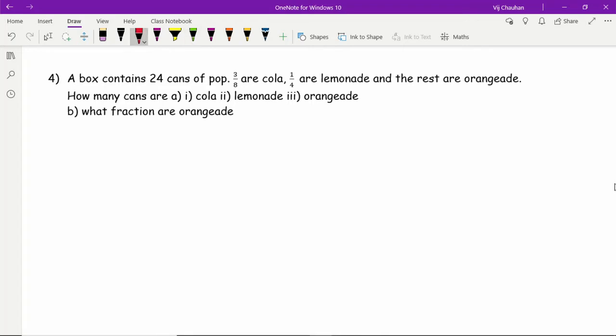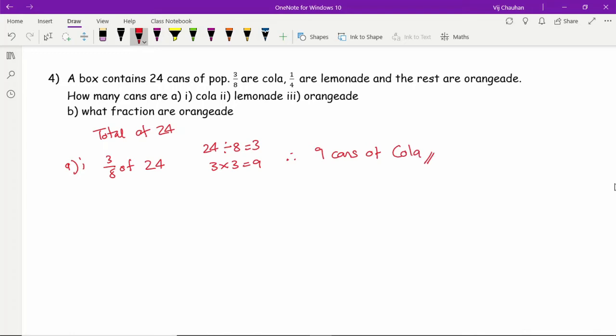So we've got a total of 24. With A, I want to work out what 3/8 of 24 are. So for 3/8, I'm going to do 24 divided by 8, which is 3, and then 3 times 3, which is 9. So therefore, there are 9 cans of cola.